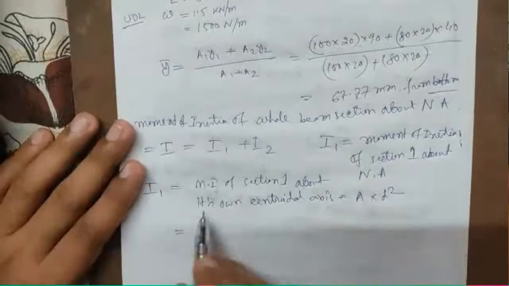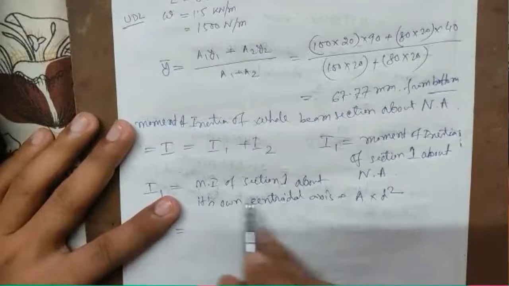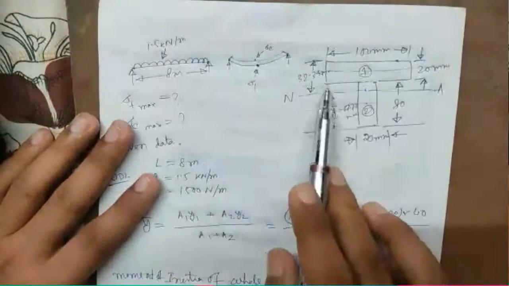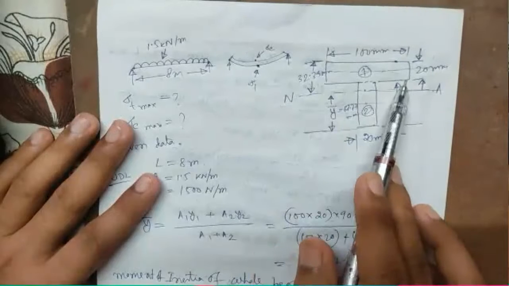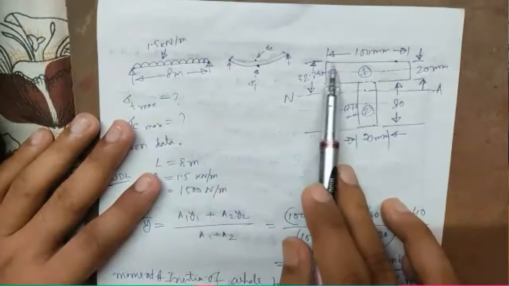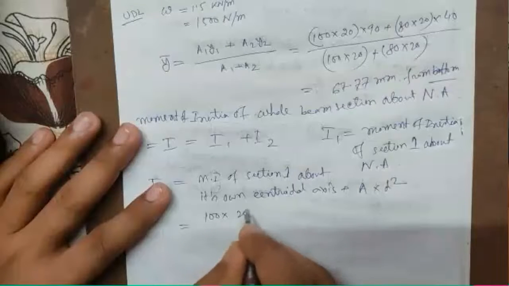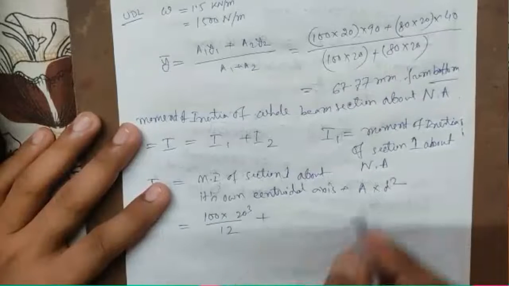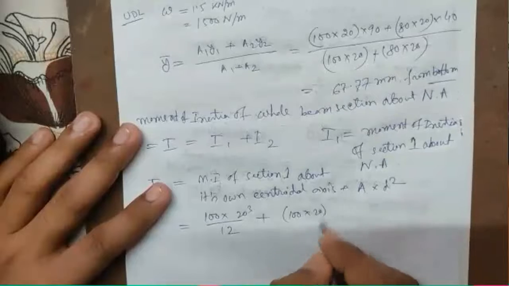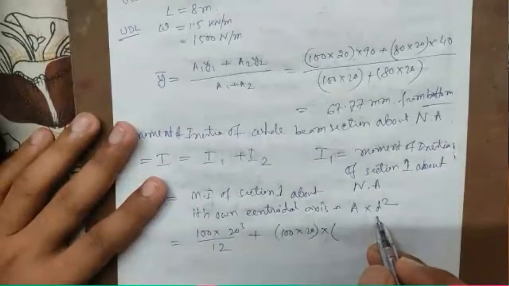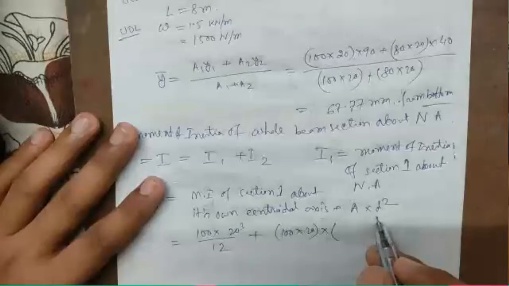The moment of inertia of section 1 about its own centroidal axis is, look at the diagram, a rectangle, formula b d cube by 12. So b is 100, d is 20. 100 into 20 cube by 12 plus area, 100 into 20, into d square. d means the distance of the centroidal axis of section 1 from the neutral axis.